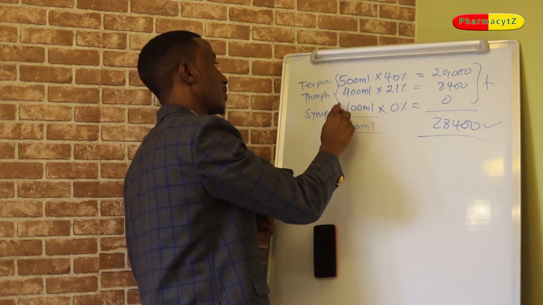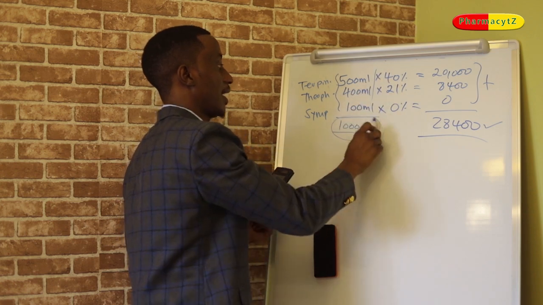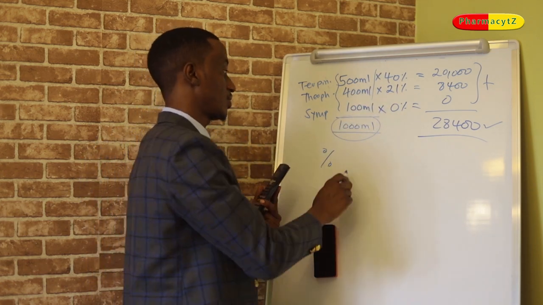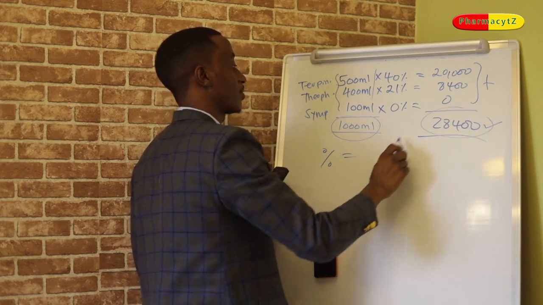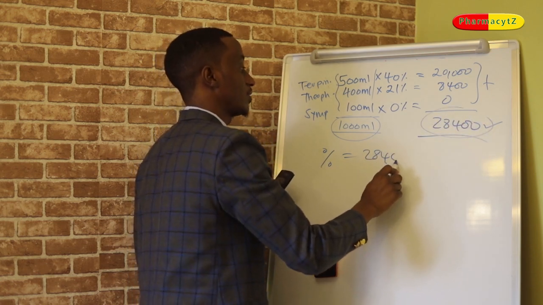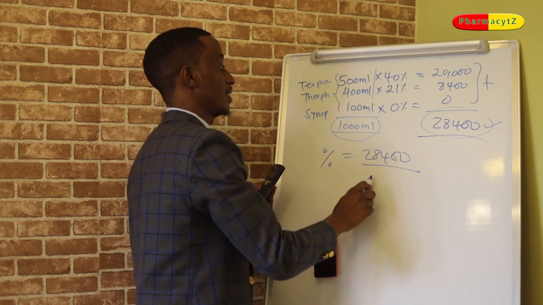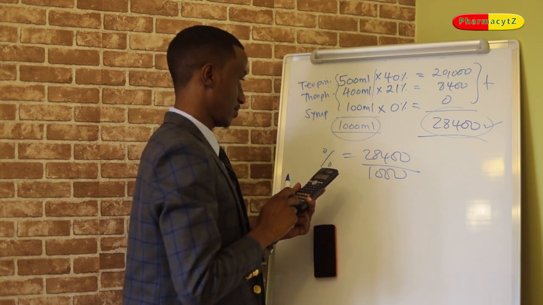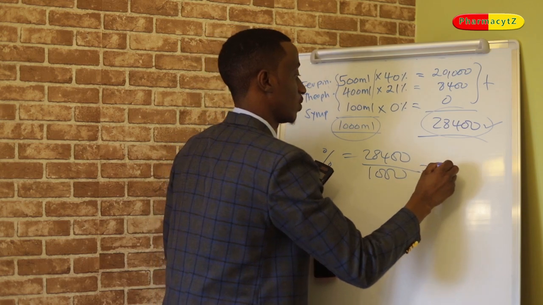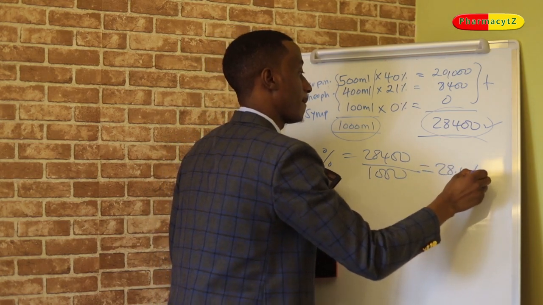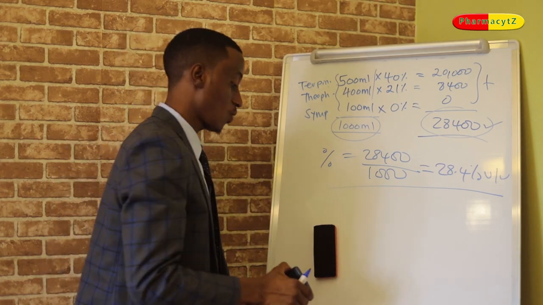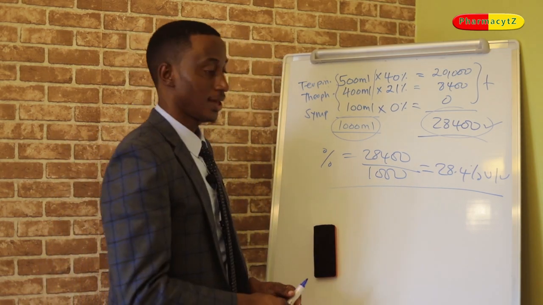Then you sum the quantities here and get the answer. To know the final percentage strength, you take the sum of the products, this is 28,400, and you divide by the sum of the quantities, 1,000. Then this is 28.4 percent volume in volume. Then that is how to go about that question.